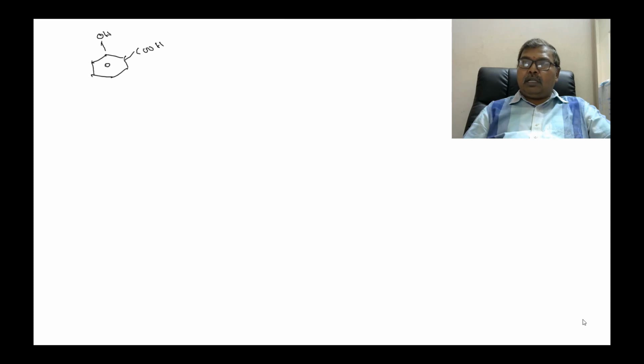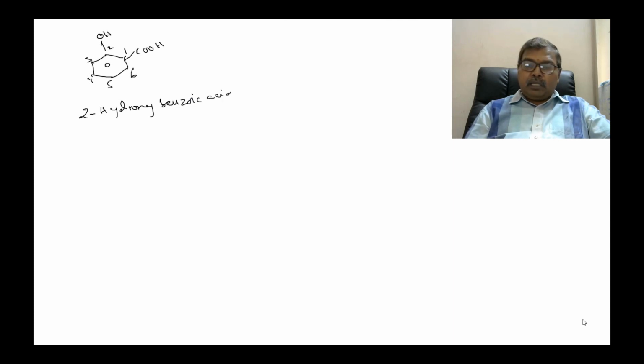This compound is not treated as phenol. Actually, this is phenol, but it is not treated as phenol in the IUPAC system because between the OH group and COOH group, we have to give preference to the carboxylic acid functional group. Therefore, this is first position, second position, third, fourth, fifth, sixth position. Now it is 2-hydroxy, because the OH group now becomes a substituent: 2-hydroxybenzoic acid.